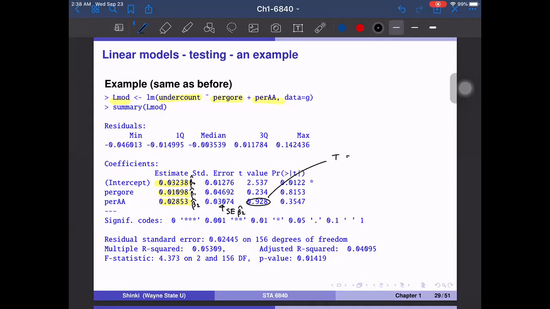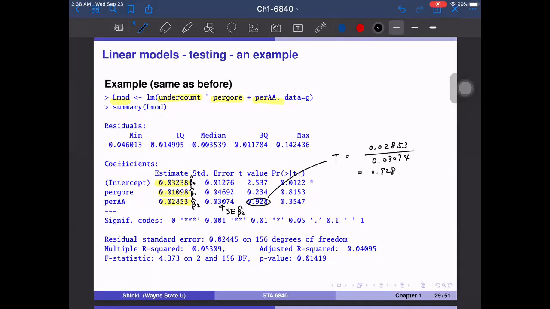So that is 0.02853, beta 2 hat, divided by the standard error of beta 2 hat, 0.03074. So this is 0.928.